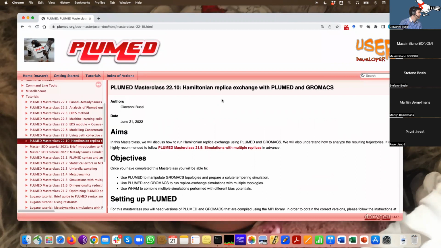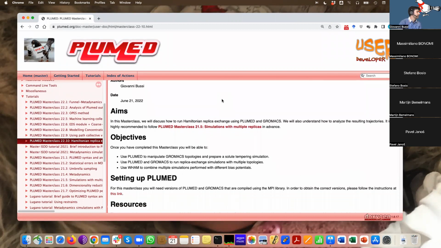So the idea here is to learn how to use PLUMED to manipulate topologies and prepare a solid tempering simulation. And then use PLUMED and GROMACS to run replica exchange simulations with multiple topologies.